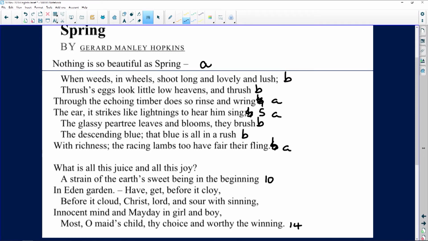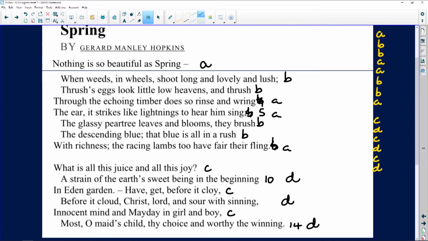Now we go to C. Joy and cloy and boy, and beginning and sinning and winning. So what have we got? We've got A, B, B, A, B, B, A, C, D, C, D, C, D.